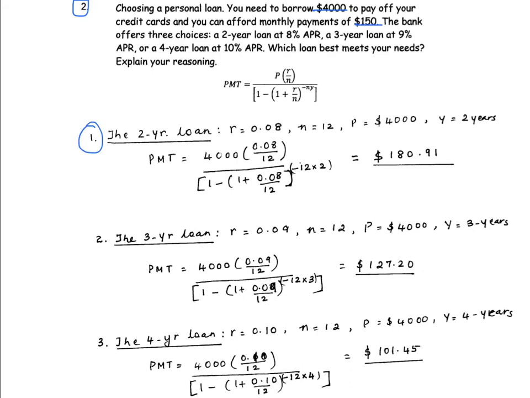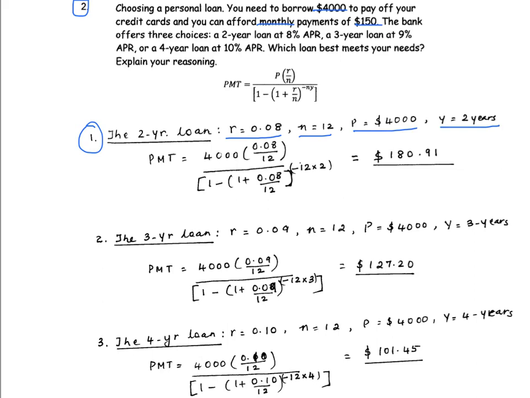It's a 2-year loan. So the term is 2 years, so y equals 2 years. The principal is the amount of money that we want to borrow, that is 4,000, and it's a monthly payment. Somewhere in the problem, you can see that word monthly. So n is equal to 12, and the annual percentage rate for the 2-year loan is 8%.